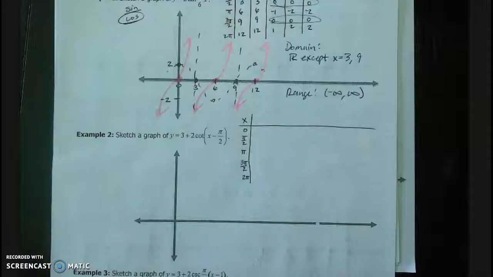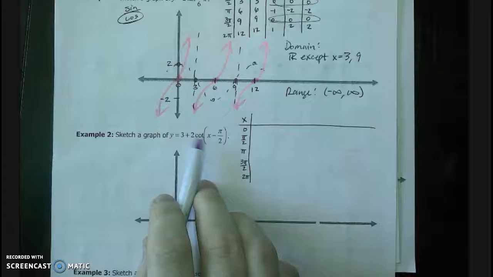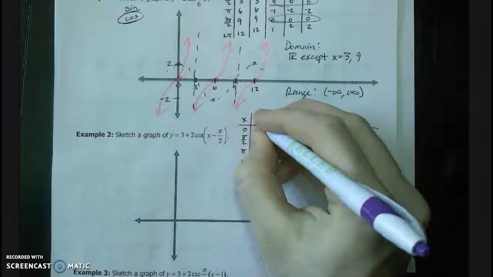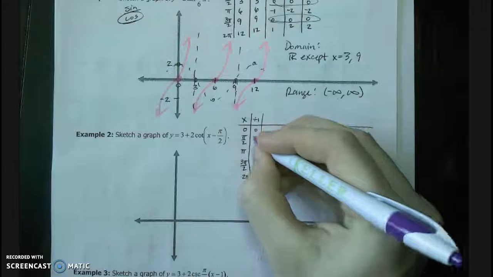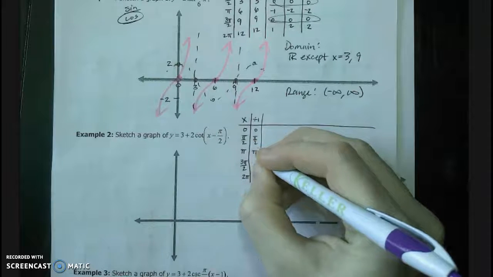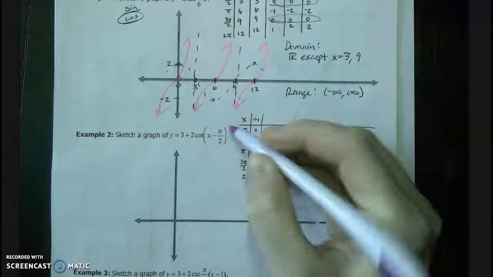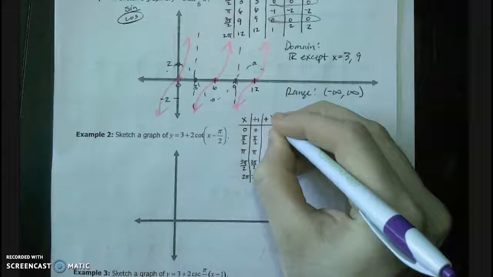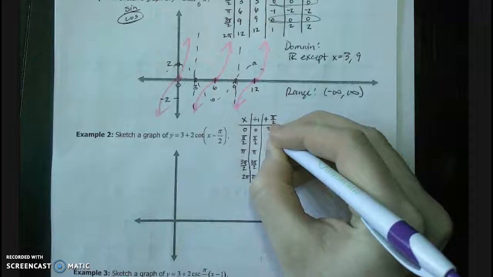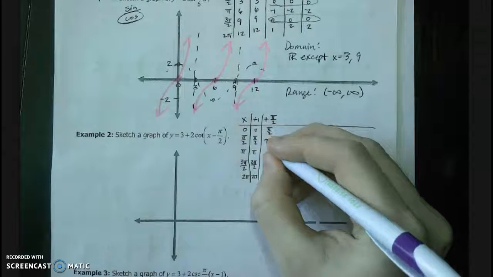And now we're going to look at the number in front of the parentheses, which is a 1. So we divide everything by 1. Then we do the opposite of pi over 2, so we're going to add pi over 2. Pi over 2 plus pi over 2 is 2 pi over 2, which reduces to pi.